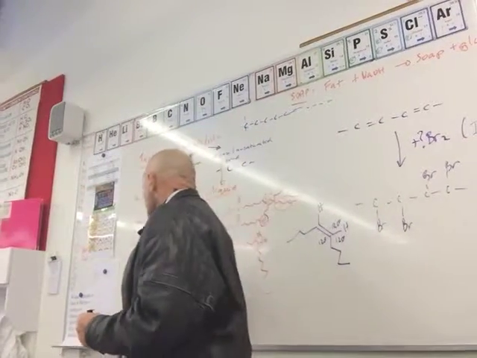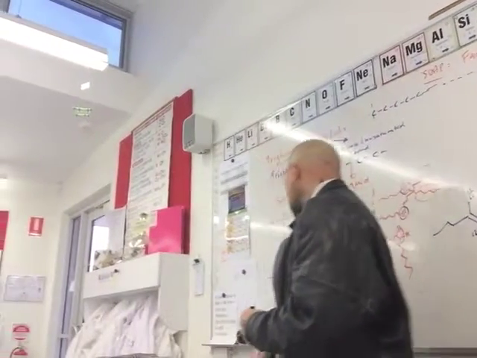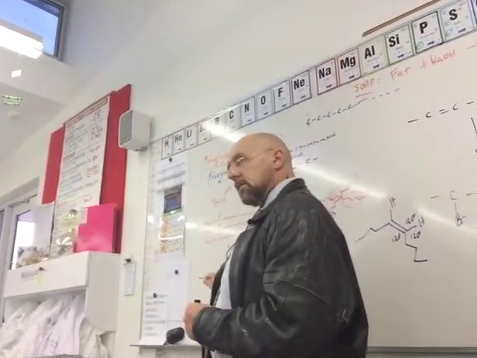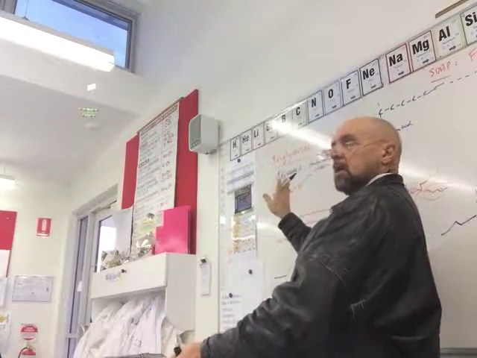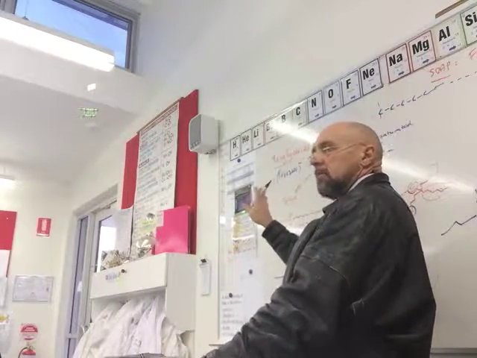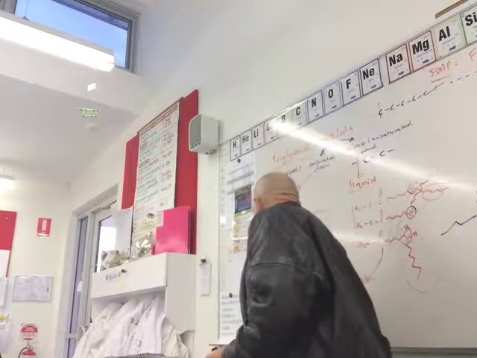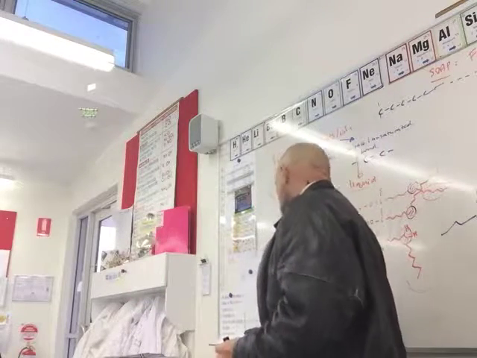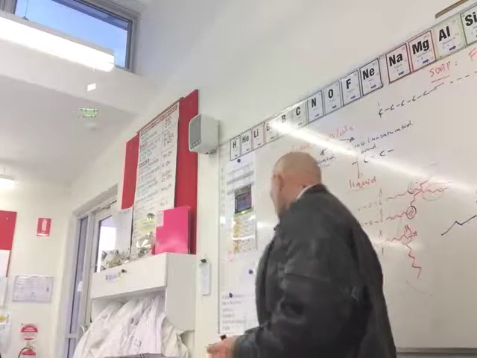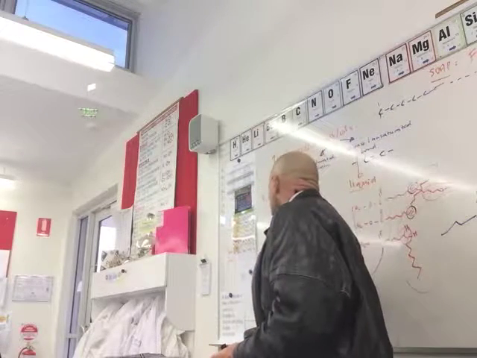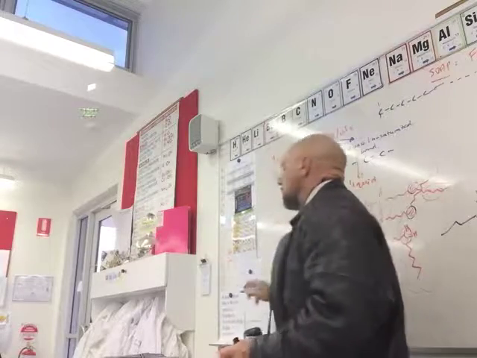So if we're looking at a structure like this, this is called a trans structure. It's like opposite sides. I forget which one is bad for you, the trans or the cis. If a structure is in this sort of format here, this is a trans version. I'm talking about isomers.